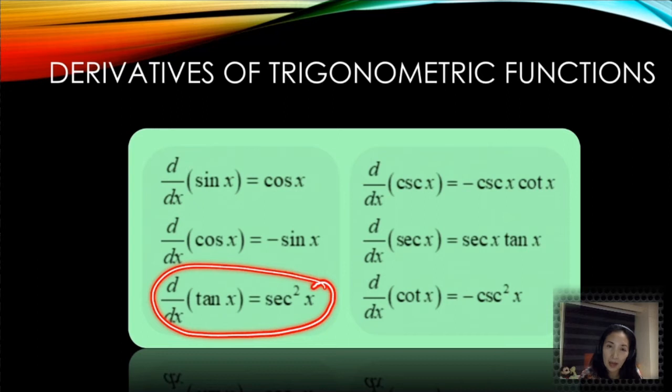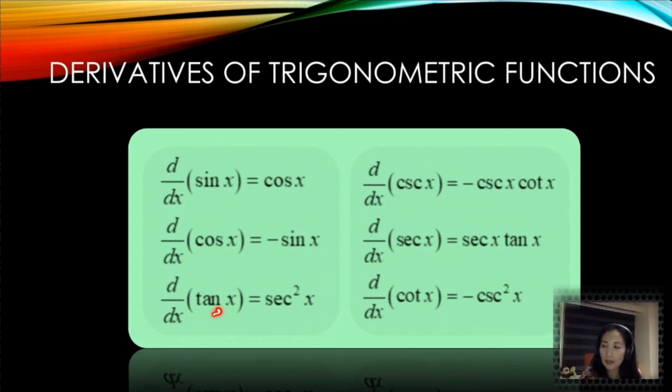How? So, express first tangent x as the quotient, or by definition, tangent x is equal to sine x over cosine x. Yes? Okay, let's prove. Let y be equal to tangent x. But by definition, tangent x is sine x over cosine x.